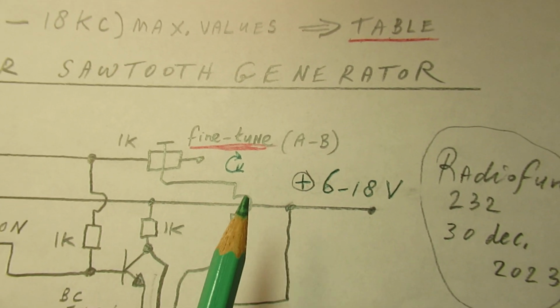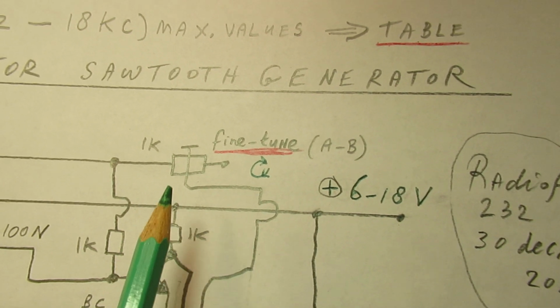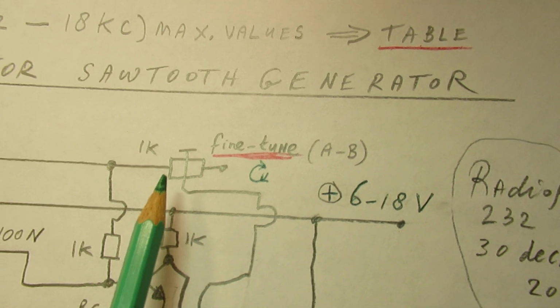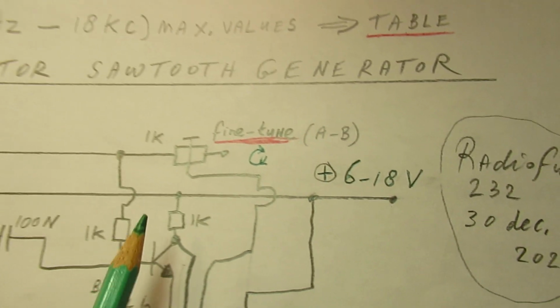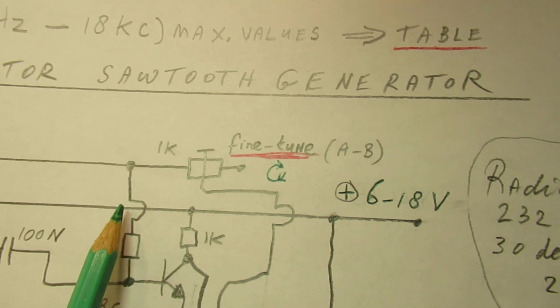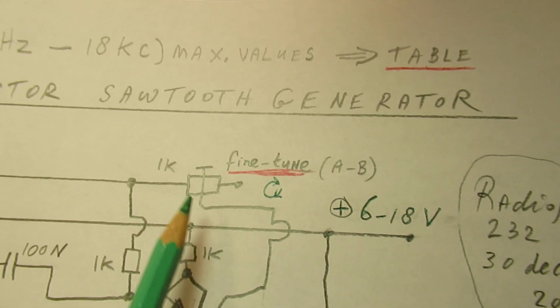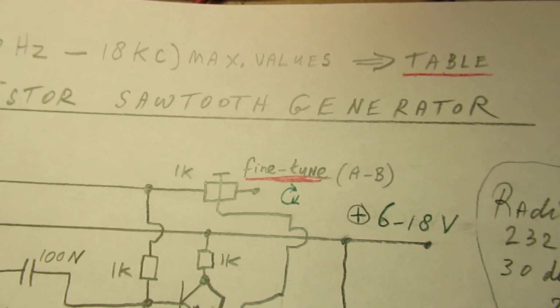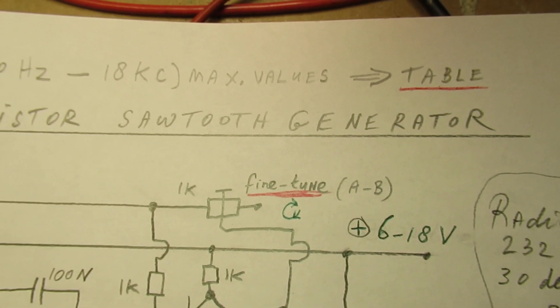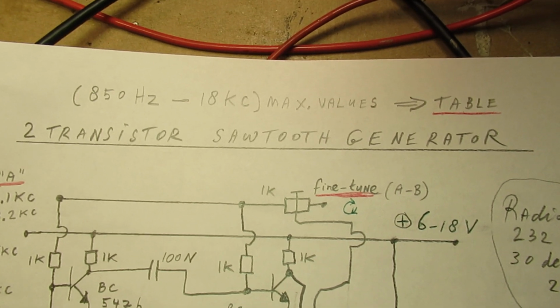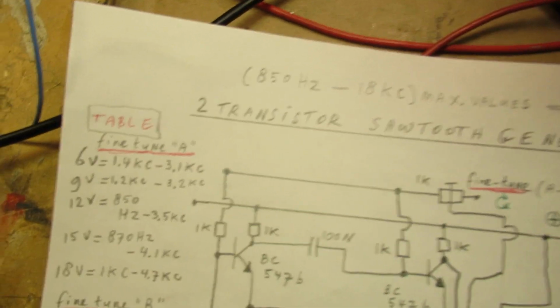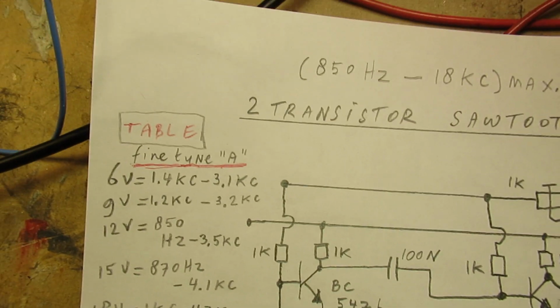Well, this is perhaps interesting to tell. There is a fine-tuned potentiometer here of 1K, that is 1000 ohms. And when you turn it to the left side or turn it to the right side, you will get completely other frequency ranges. So that's important to tell. And here are these 2 different frequency ranges.